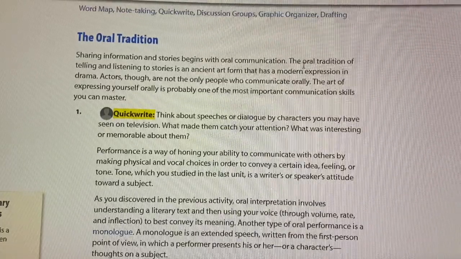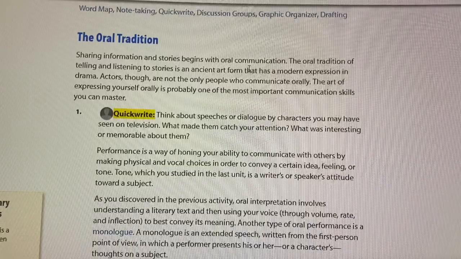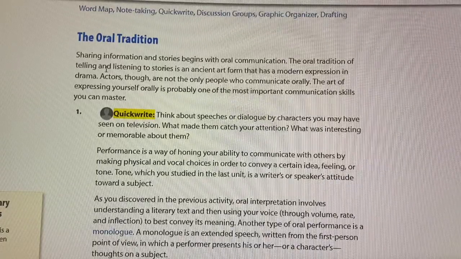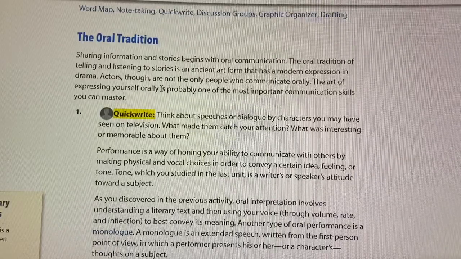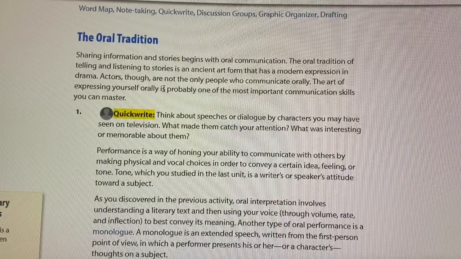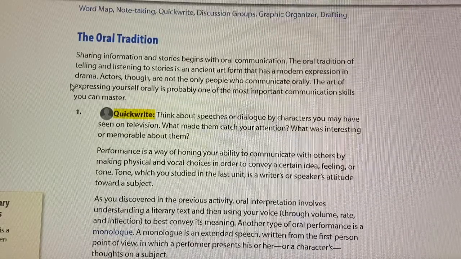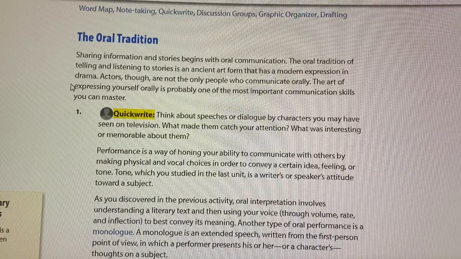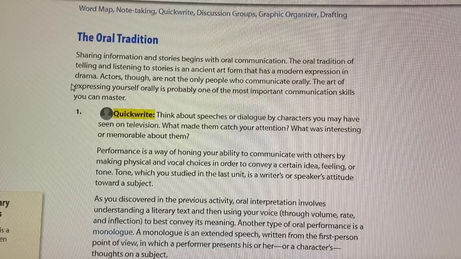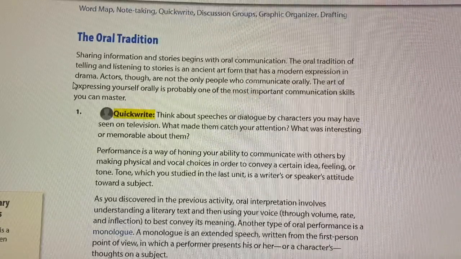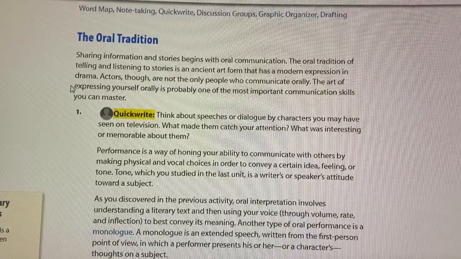So basically, since the beginning of time, people have been telling stories of all kinds, stories and songs, and they've been passing down those stories over the generations. And basically, a monologue is just one person telling a story. So it's just one person talking for a pretty good length of time. That's really all it is.